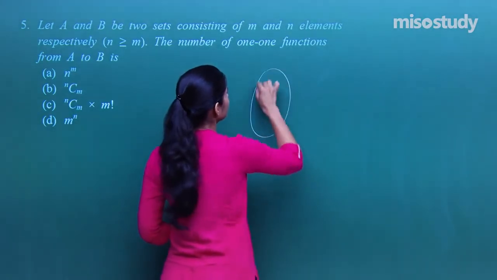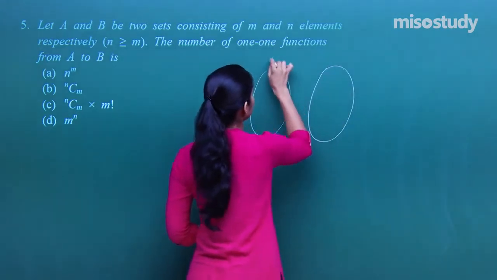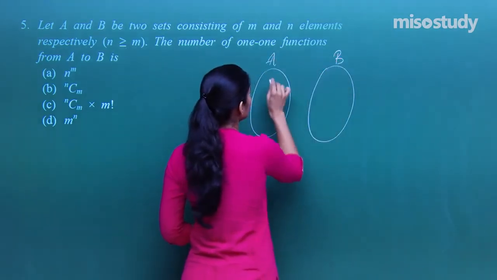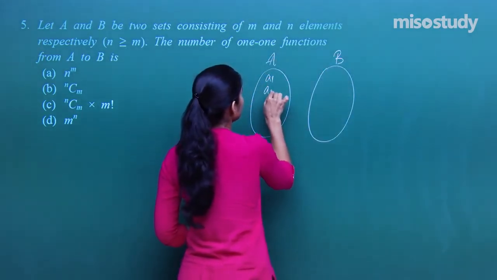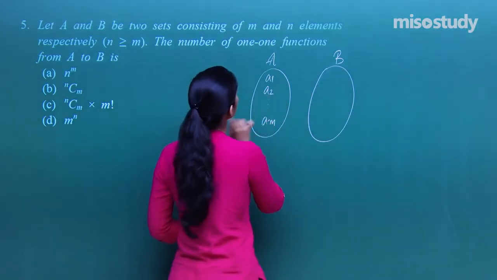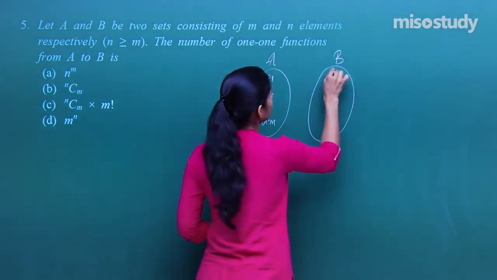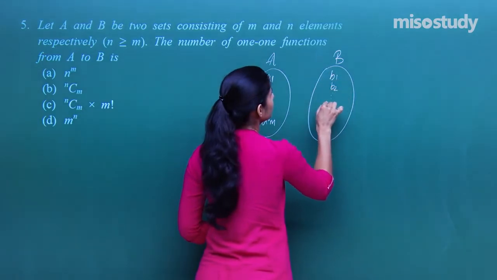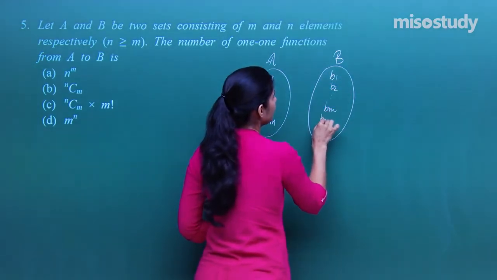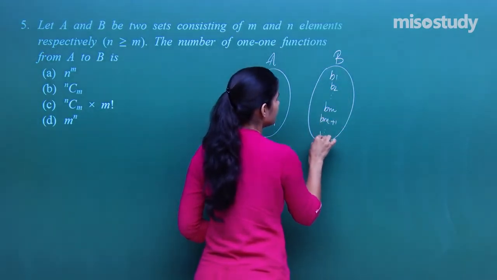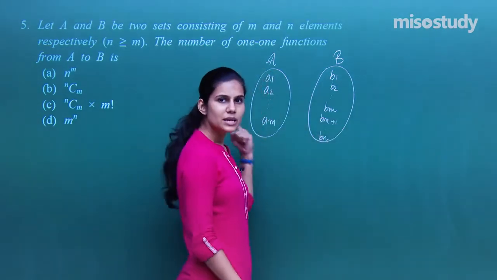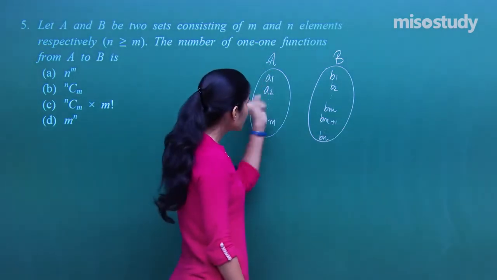So understand, if that's A, that's B. So you basically have A1, A2 up till Am, and B1, B2, Bm, Bm plus 1 up till Bn. Why? Because m is less than n. Now you want 1-1 functions.